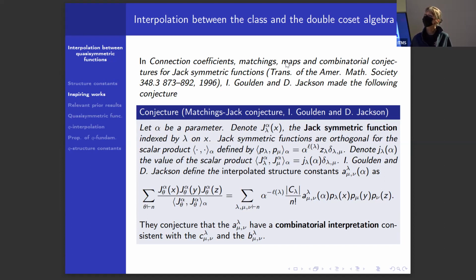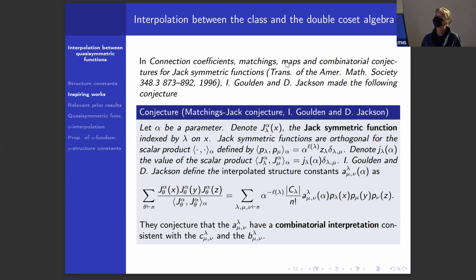In this expression for the sum of Jack symmetric functions in power sums, we can see some constants dependent on alpha that interpolate between the structure constants of the class algebra and of the double coset algebra.